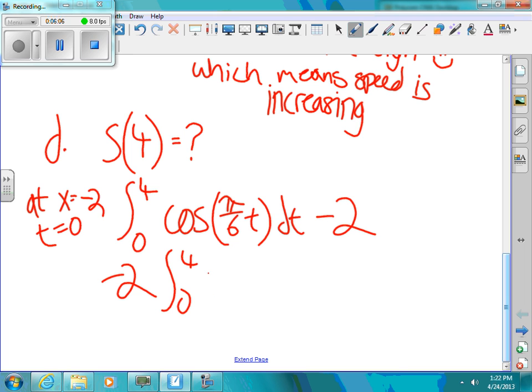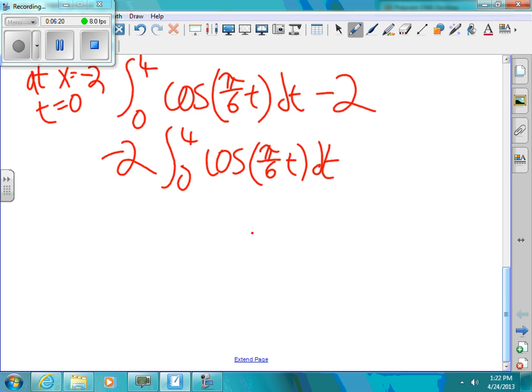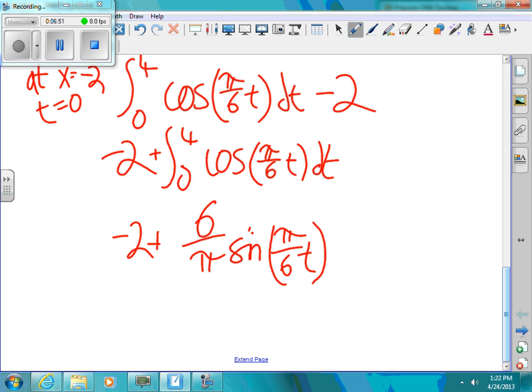And then we take the antiderivative of cosine(pi/6 t).